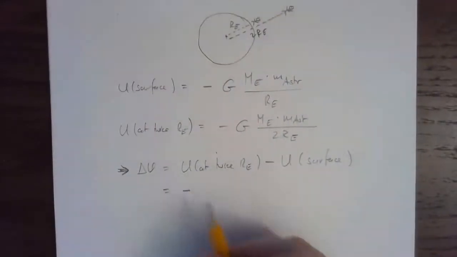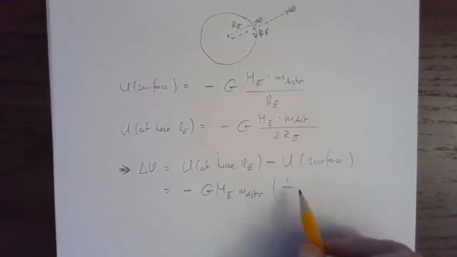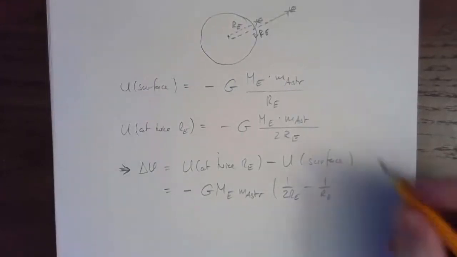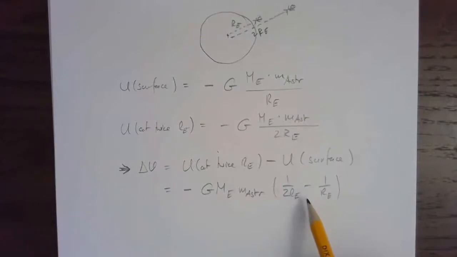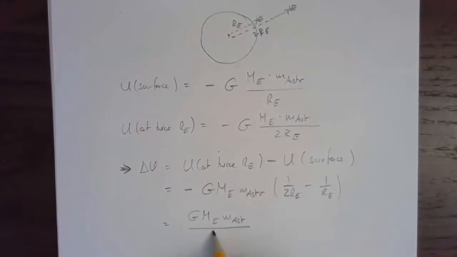I'm just going to take out all the common values and factor out all these things, and I get 1 over 2 R_E minus just 1 over 1 R_E. Right. This becomes minus a half, like a half minus 1, minus a half over the Earth's radius. That cancels the minus sign, and we get G M_E m astronaut divided by 2 R_E.